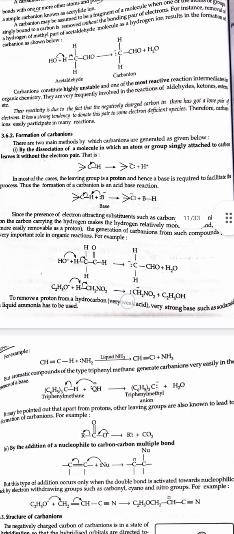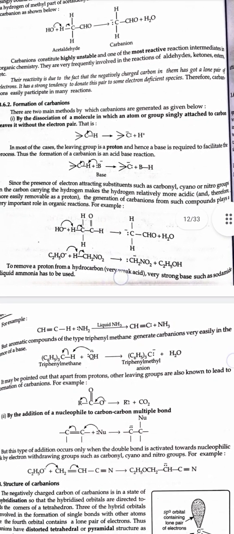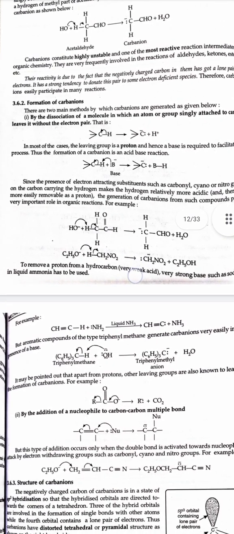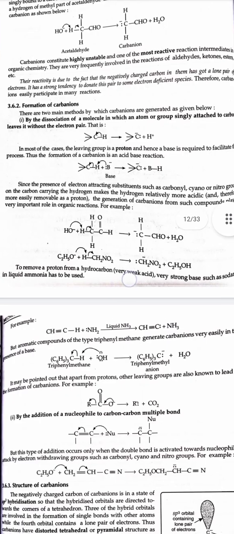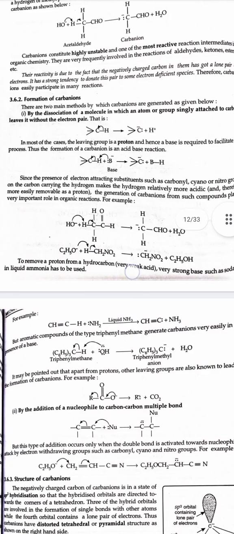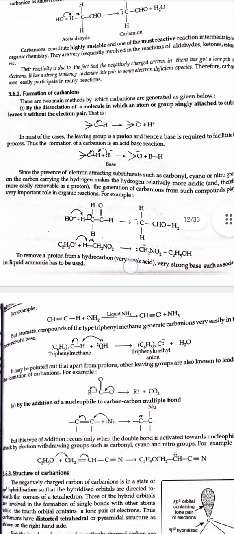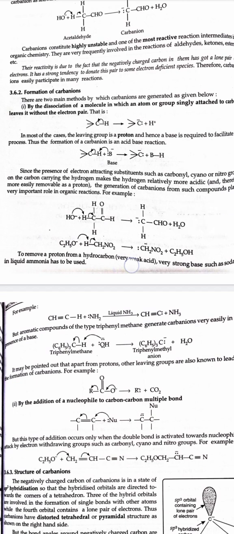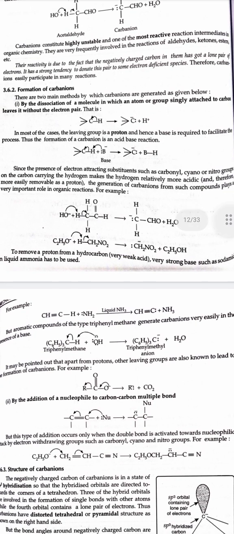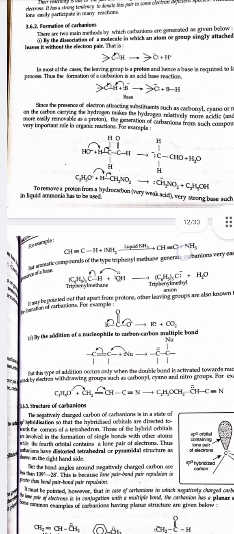The presence of electron attracting substituents such as carbonyl, cyano or nitro groups on the carbon carrying the hydrogen makes the hydrogen relatively more acidic. The generation of carbanions from such compounds plays a very important role in organic reactions. To remove a proton from a hydrocarbon, a very strong base such as sodamide in liquid ammonia has to be used.